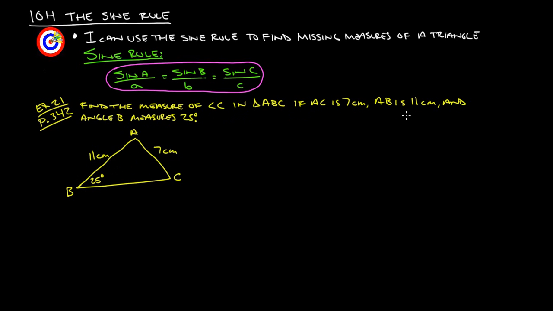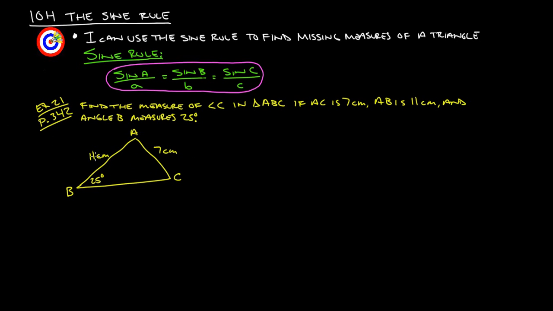Whenever they give you some kind of triangle like this, it's wisest to set your two sides up on the top like this, and then your angle B down here at the bottom if that's the way it works out, and I will show you why in a minute. We want to do the same thing we just did.